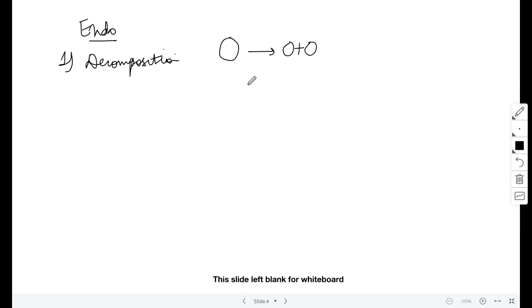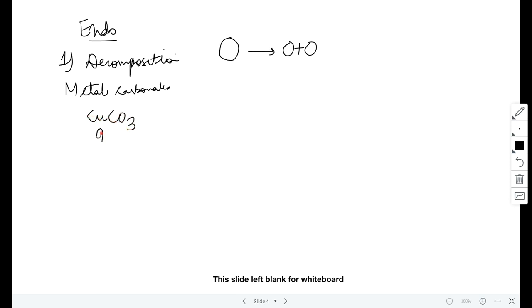I'll give you an example. If you do the decomposition of the metal carbonates, what happens? Like I'll give an example. The copper carbonate is there. What is the formula for copper carbonate? CuCO3.